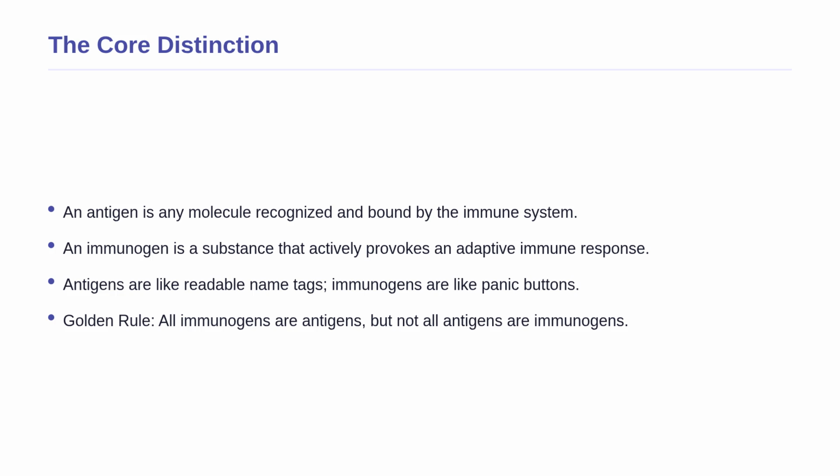An immunogen, however, is someone who not only gets recognized, but causes the guards to hit the panic button, launching a full defensive response. The golden rule here is that all immunogens are antigens because they must be recognized, but not all antigens are immunogens. This difference is the absolute foundation of vaccine development.